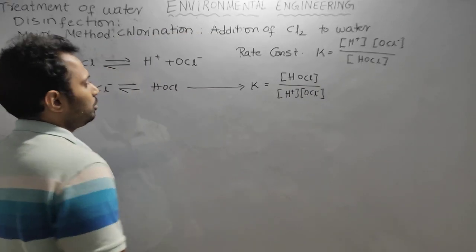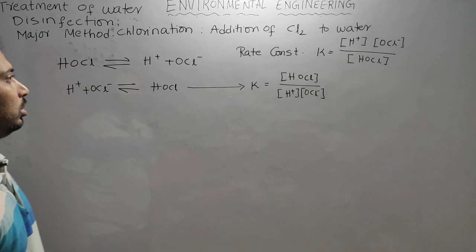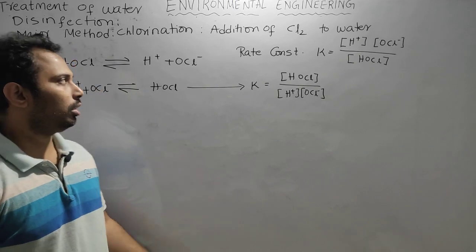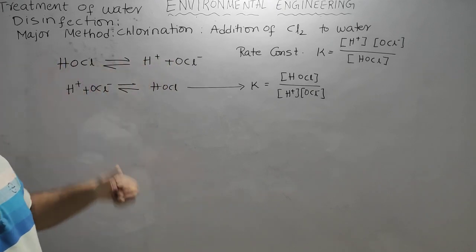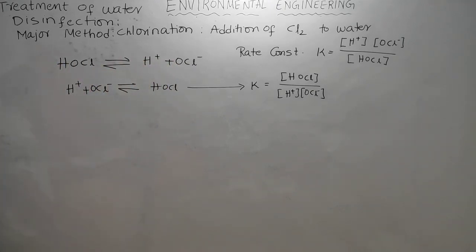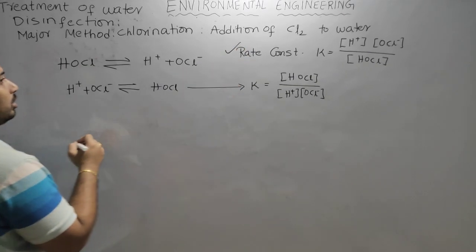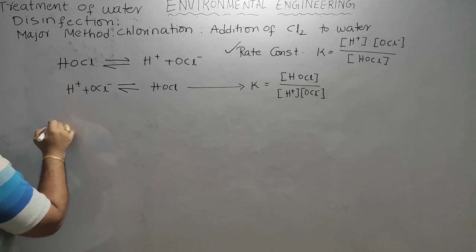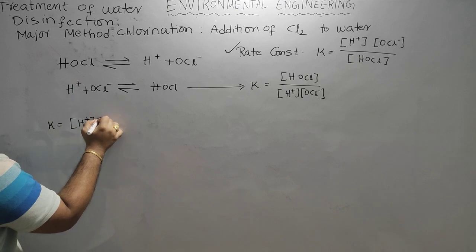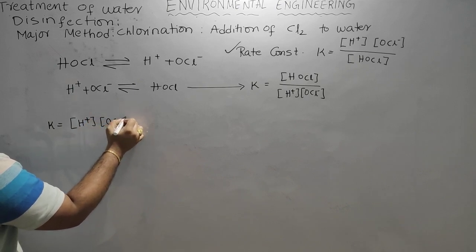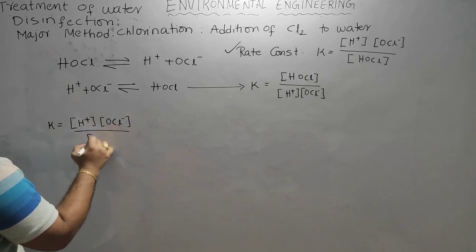The rate constant is the concentration of the products upon the concentration of the reactants. Now I will take the first reaction for our calculation. So K is equal to H plus into OCl minus by HOCl.